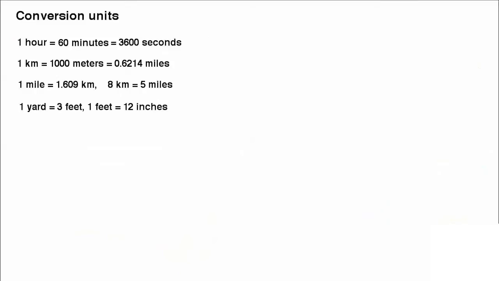To solve the questions from time, speed and distance, you should know these basic conversion units. First of all, 1 hour is equal to 60 minutes and 1 minute is equal to 60 seconds. So 60 multiplied by 60 is equal to 3600 seconds. 1 kilometer is equal to 1000 meters and 1 kilometer is equal to 0.6214 miles.